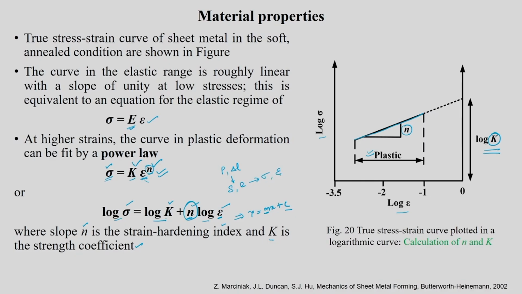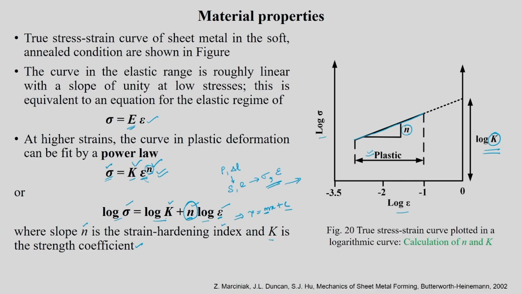True stress and true strain are related by this simple power law, sigma is equal to K epsilon power n, which describes the strain hardening part of the curve. You convert this into the logarithmic plot, and you get K and n in the fashion I described.